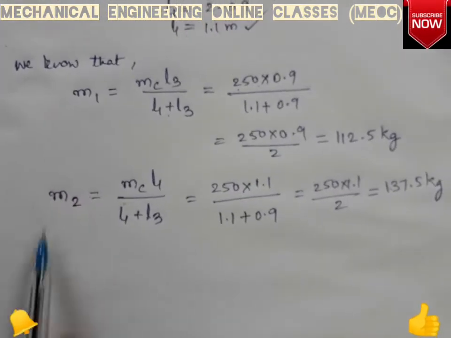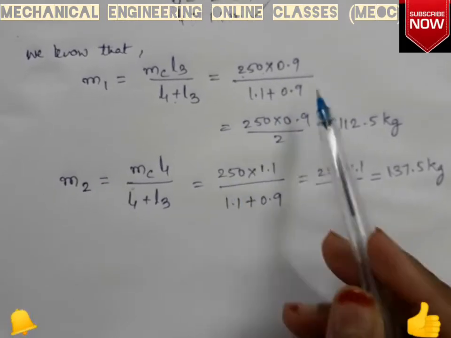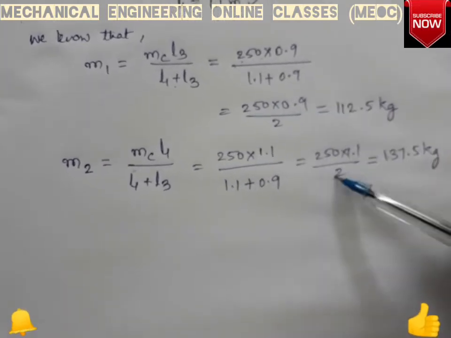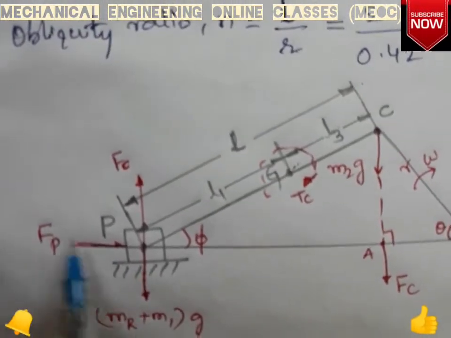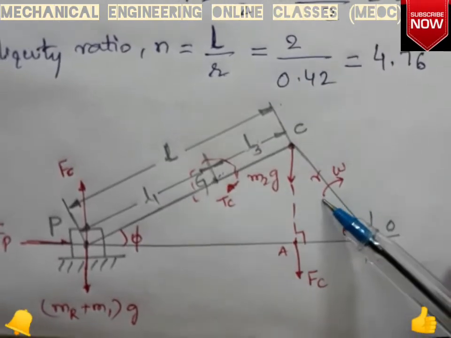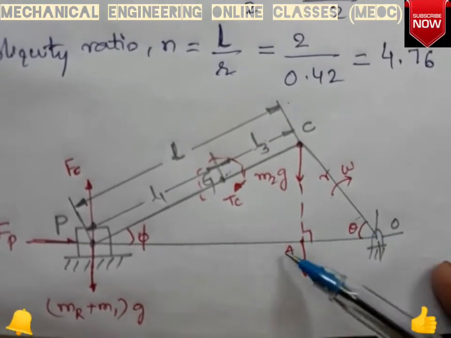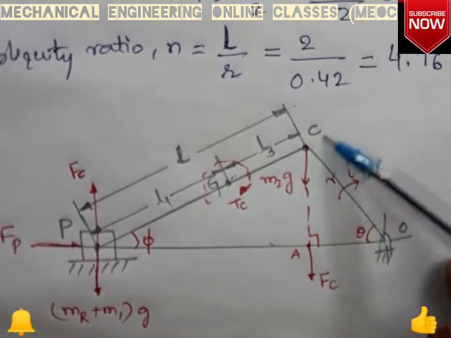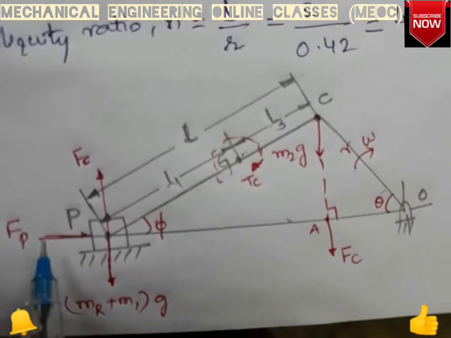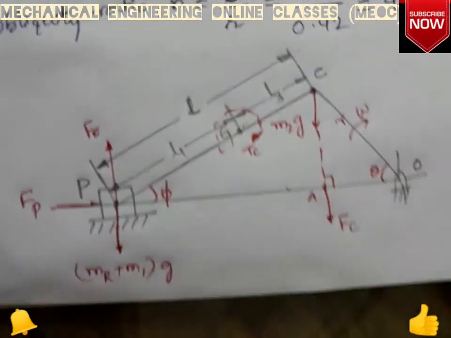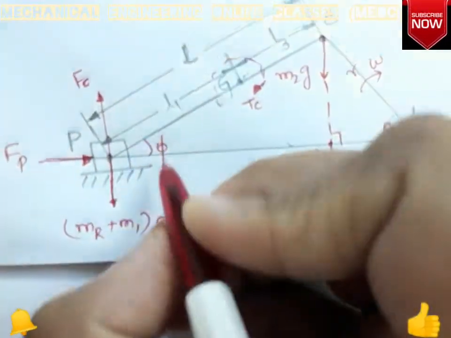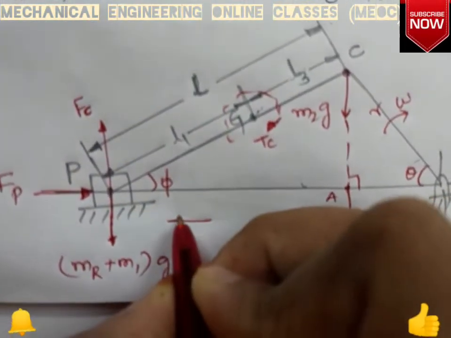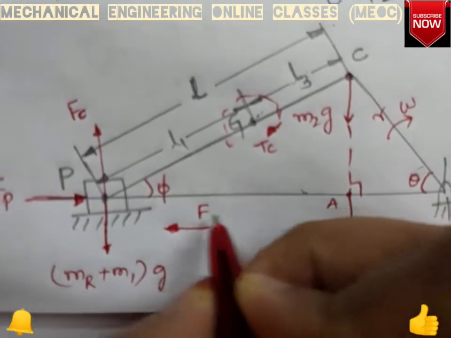Since we have calculated the masses at the small end and big end center, that is, at the gudgeon pin and at the crank pin, we have to find the forces. Here, this is turning at 45 degrees from IDC, so this is the power stroke. The piston will be moving rightward, so the inertia force will be leftward.